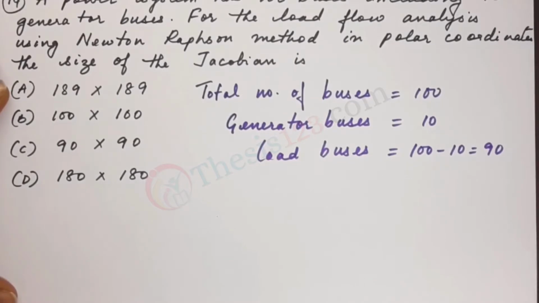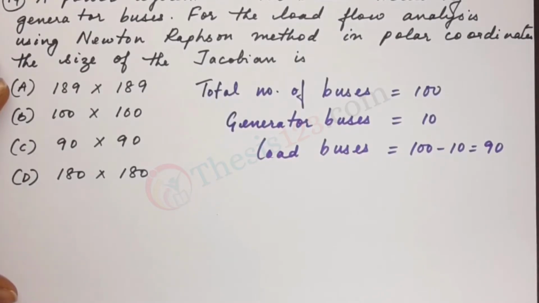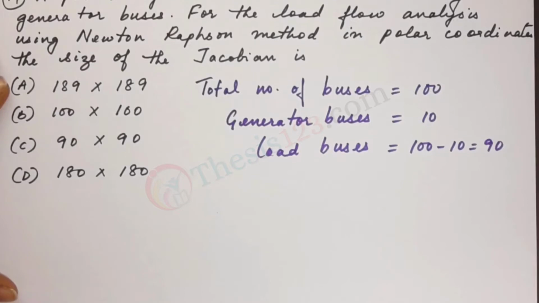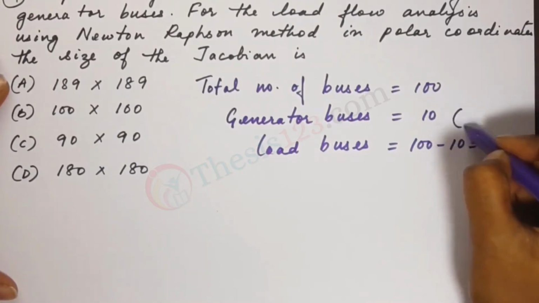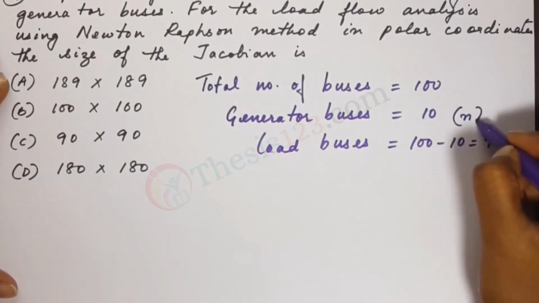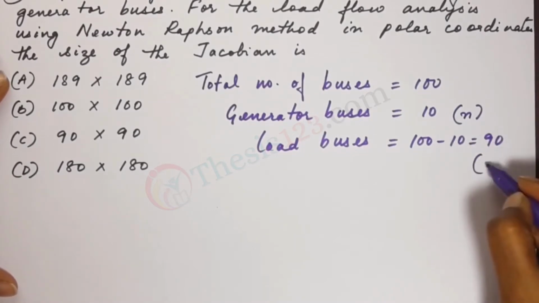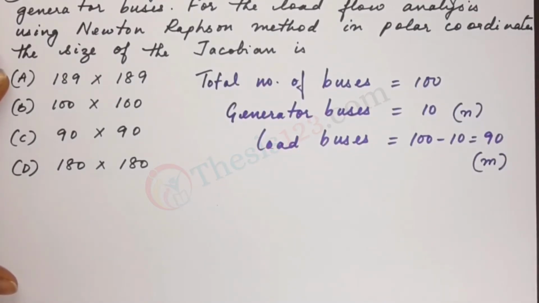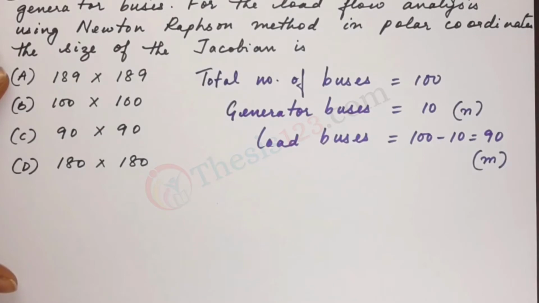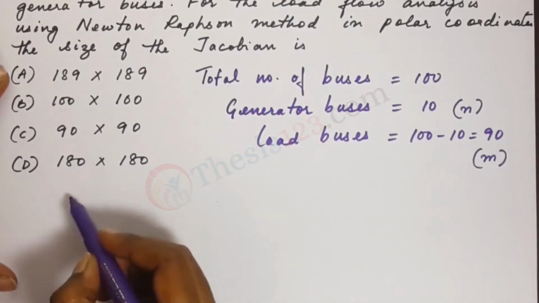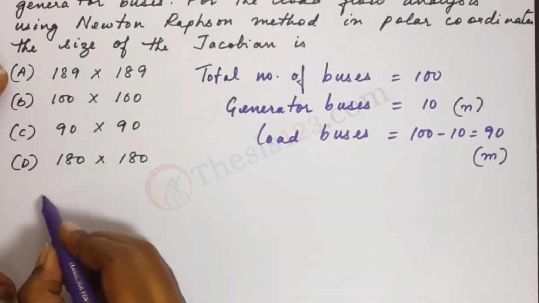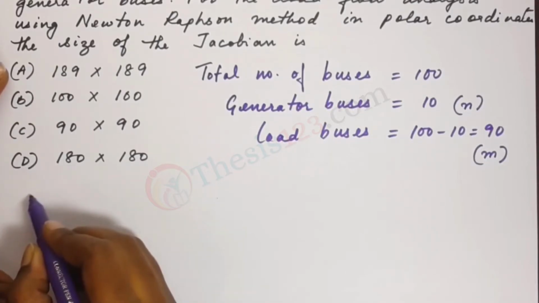Now, since we are finding the Jacobian, we'll denote the generator buses as N and the load buses as M. So we have notations given to generator and load buses. In order to find the Jacobian size, we can use the following formula.